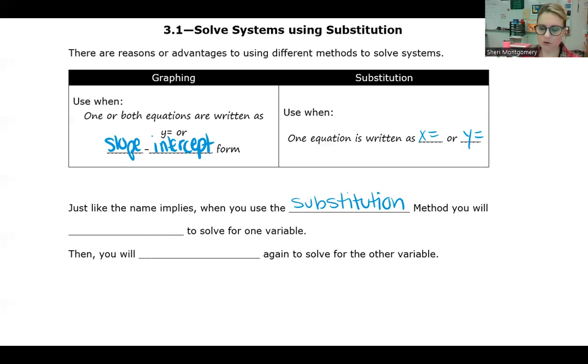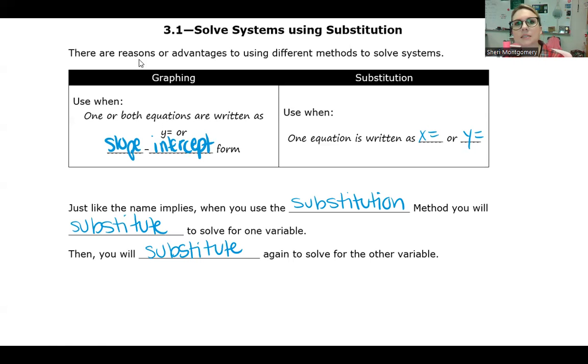Substituting. So if you're using the substitution method, you will substitute to solve for one variable, and then you will substitute again to solve for the other. And substituting in math is just taking something and plugging it into the other one. So substitution method, we will substitute.